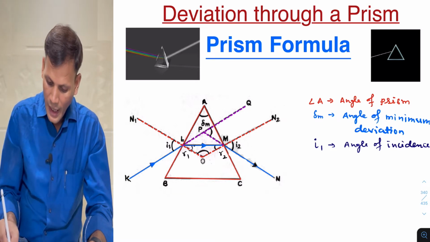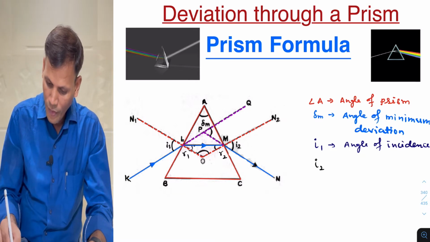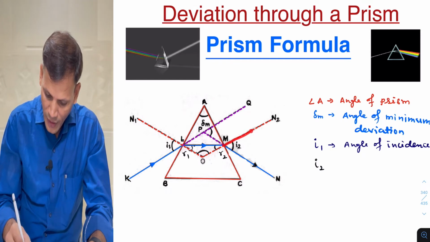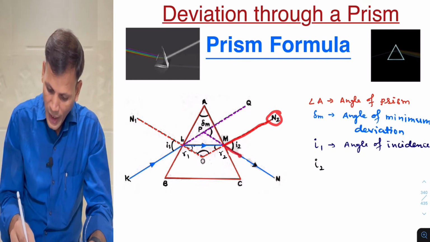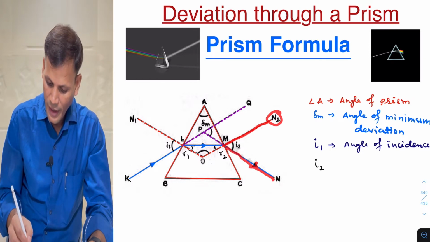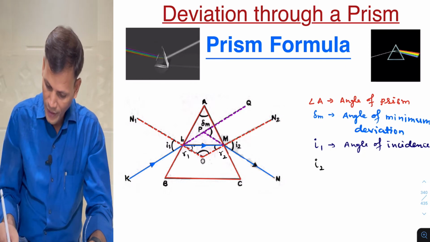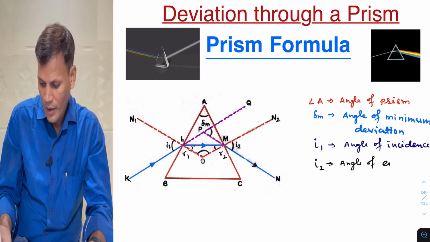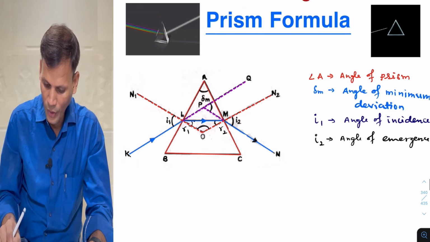In the same way, angle I2. Where is I2? I2 is here. It is the angle between normal N2 and the emergent ray. So what is I2? It is the angle of emergence. Okay.